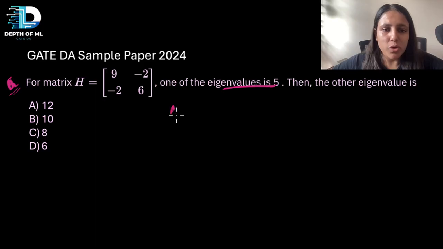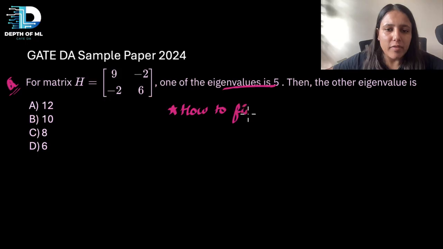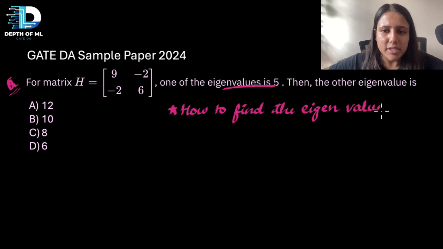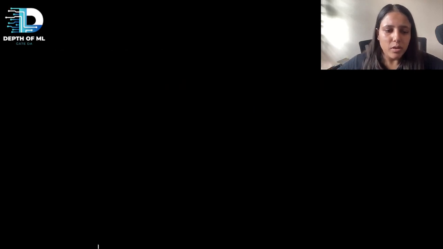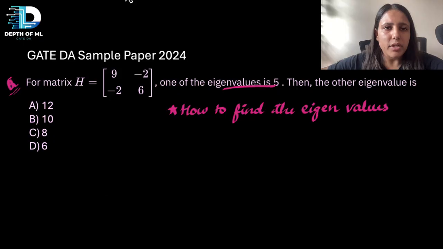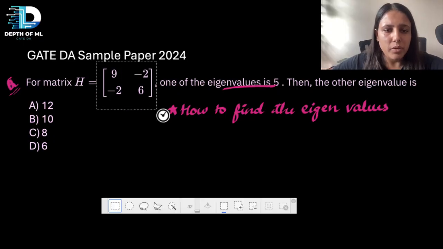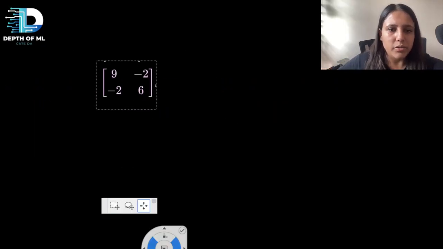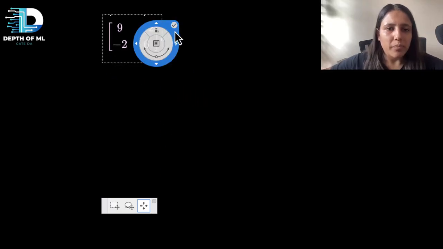So we should know how to find the eigenvalues. If you know this, you will be able to solve this very easily. Okay, so let's see how to solve this. I'll just copy this matrix to my next slide. And here we go.